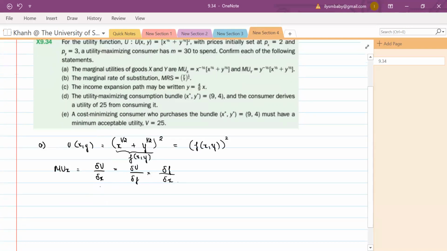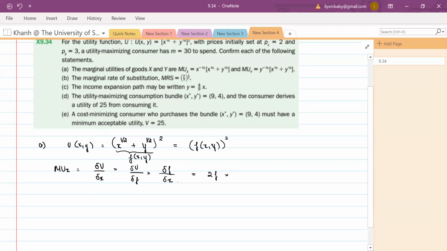Given that u equals f squared, differentiating u with respect to f gives 2f. And we multiply by the differential of f with respect to x.